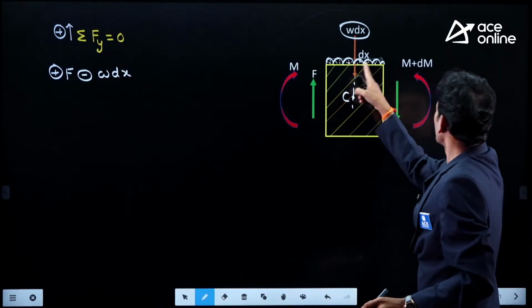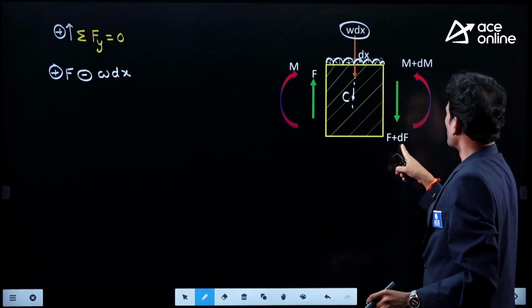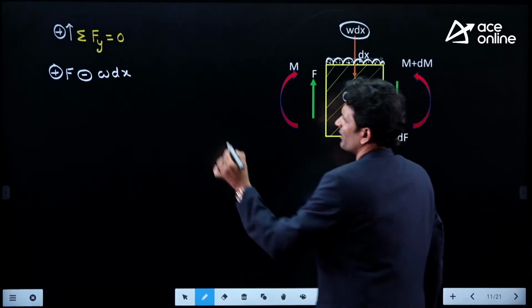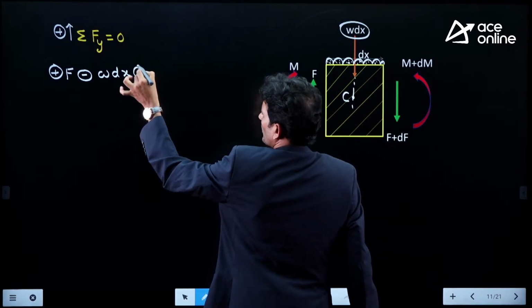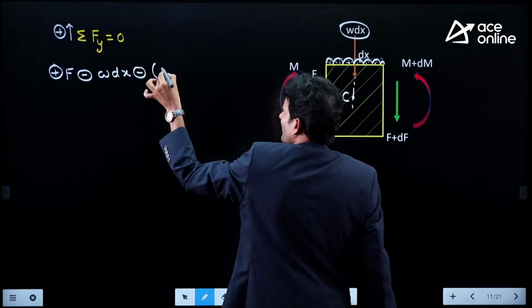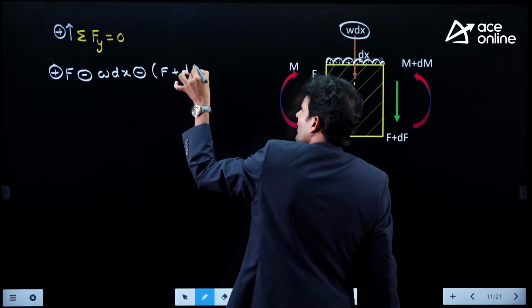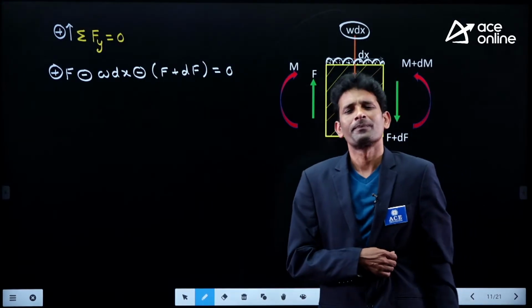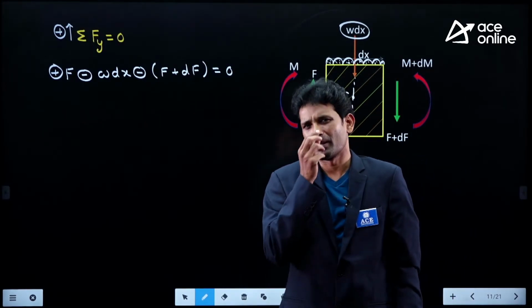And as I move on from here to here we are observing one more downward force, that is F plus some change in the shear force. Being a downward direction, I can use minus sign as per our sign convention, then it is F plus dF. All these forces together should be equal to 0 because the beam is under equilibrium condition.